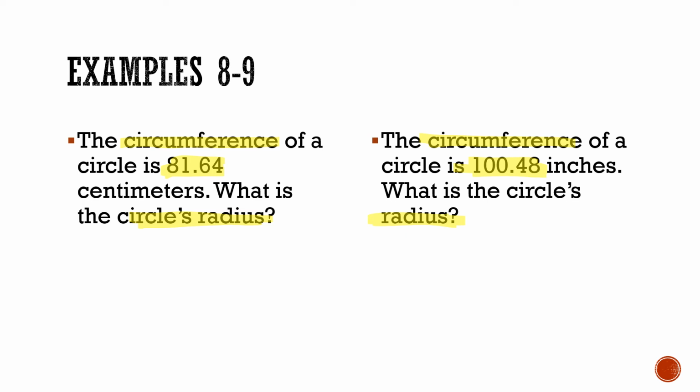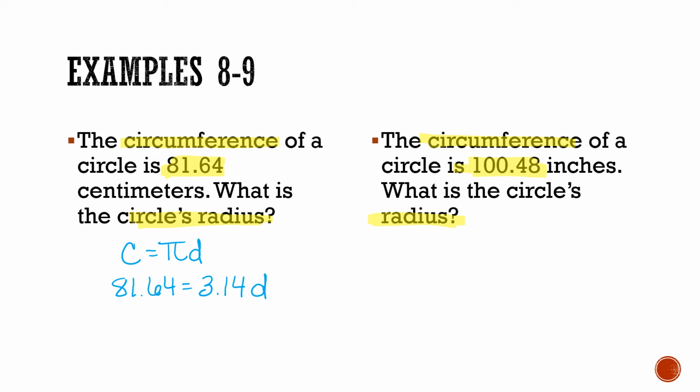Okay, so to find circumference, we do C equals pi D. So it's telling us in number 8 that our circumference is 81.64. Pi is 3.14. And the formula that I'm using says we find the diameter, but don't forget up here what we're actually solving for.